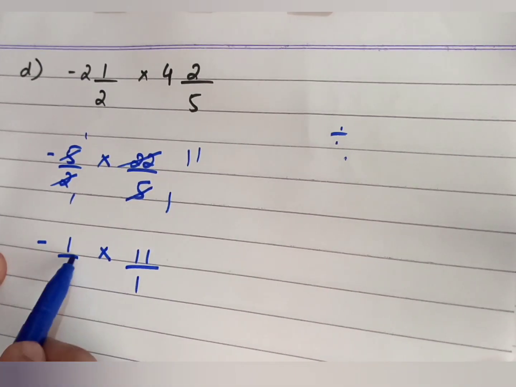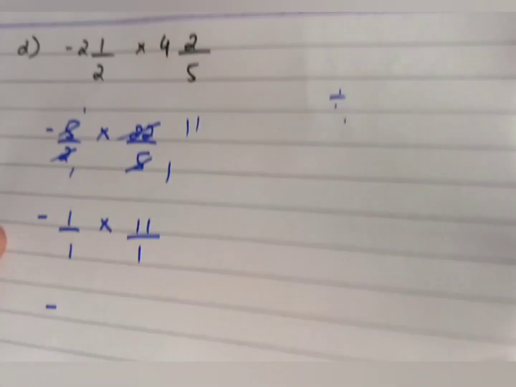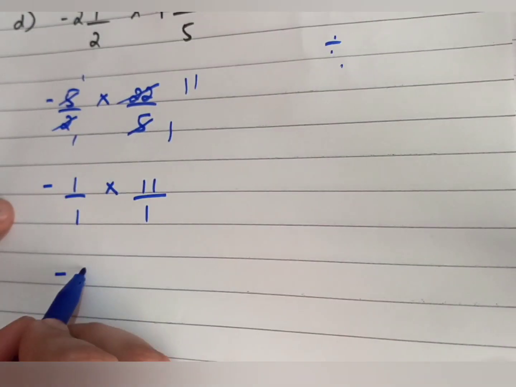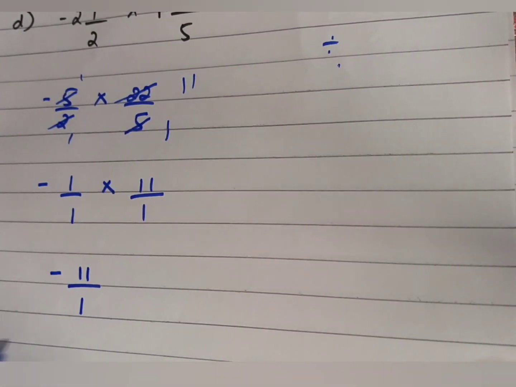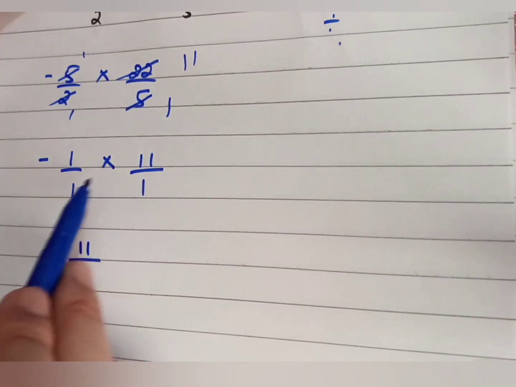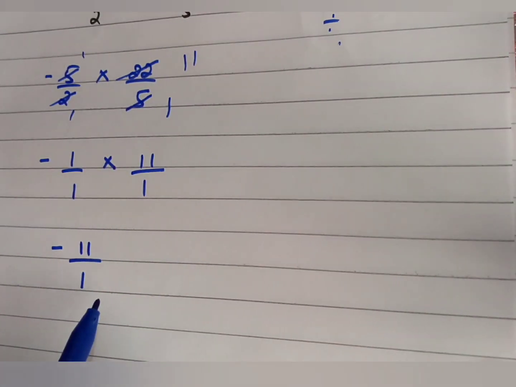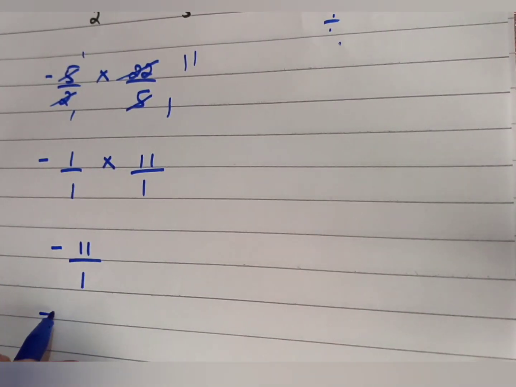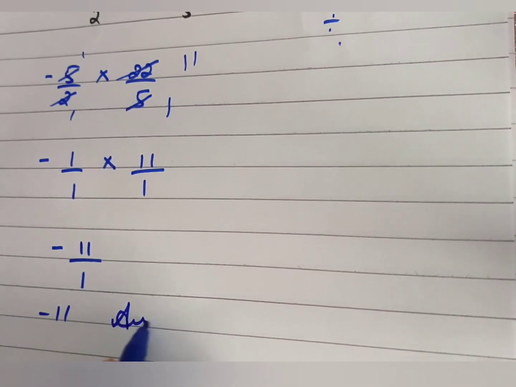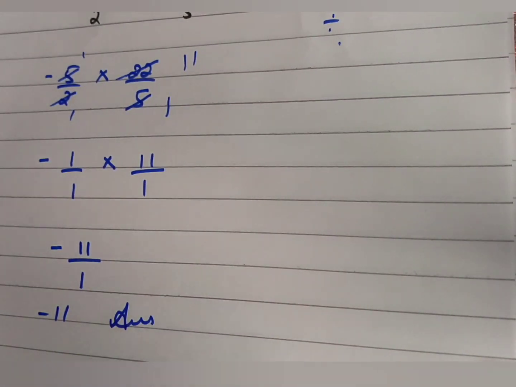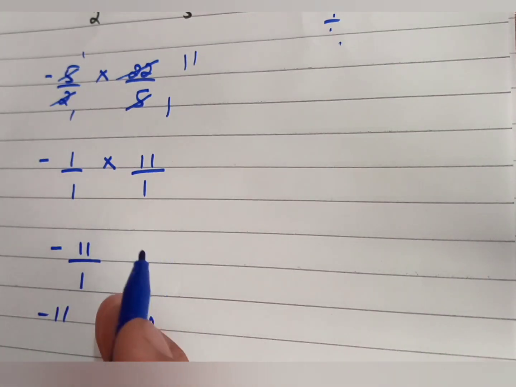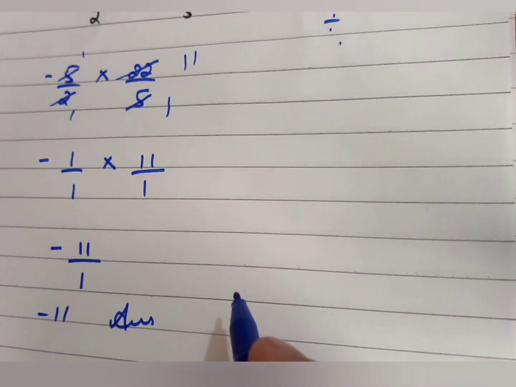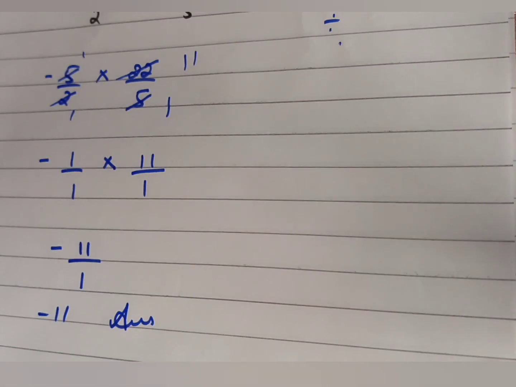Now multiply: plus minus minus, 11 1s are 11 and 1 1s are 1. Students, whenever there is a 1 in the denominator, there is no need to write that 1, so we just have to write minus 11. There's no need to write the 1 in the denominator, because when we write anything without a denominator, there is definitely a 1. So that is your part A of question 5.